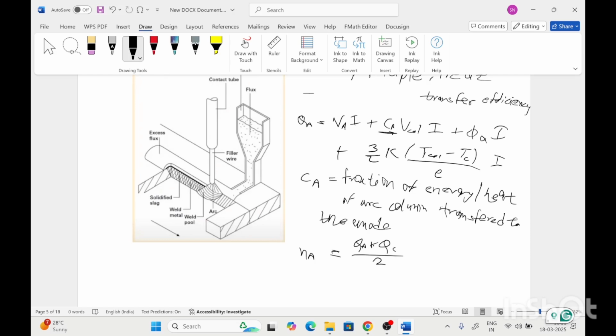The heat generated at the anode is protected by the flux, so the heat losses are minimized.